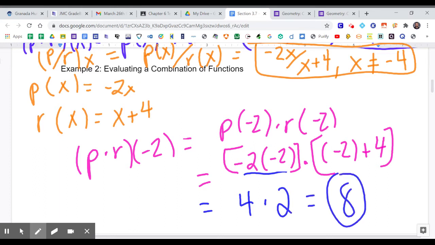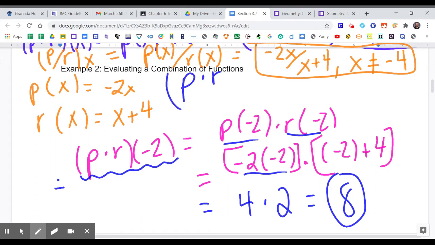Okay, so now here's the question. The question is, we did it separately, right? We put it into P and into R, multiplied it out, and got 8. But beforehand, we found out that this was equivalent to P of R of X, right?